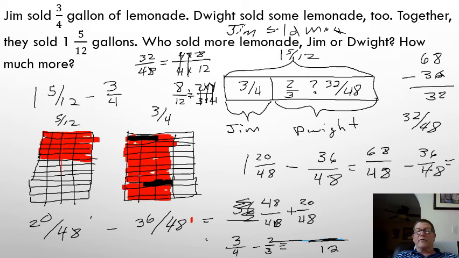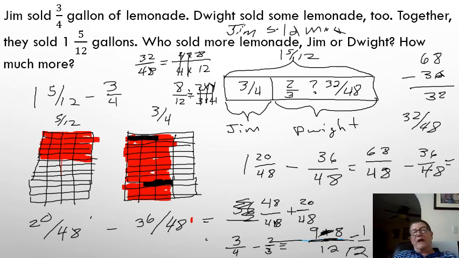So we end up with 3 times 3 would be 9. So 3/4 would be equal to 9/12 minus 2/3. I'd have to multiply the bottom by 4, so I have to multiply the top by 4. It would be 8/12. And remember, we're subtracting, not adding. I put the wrong one in there. So when I subtract them now, 9 minus 8 gives us 1/12.